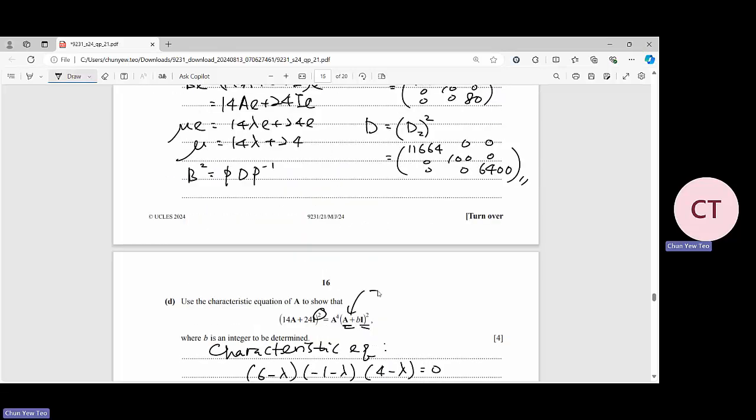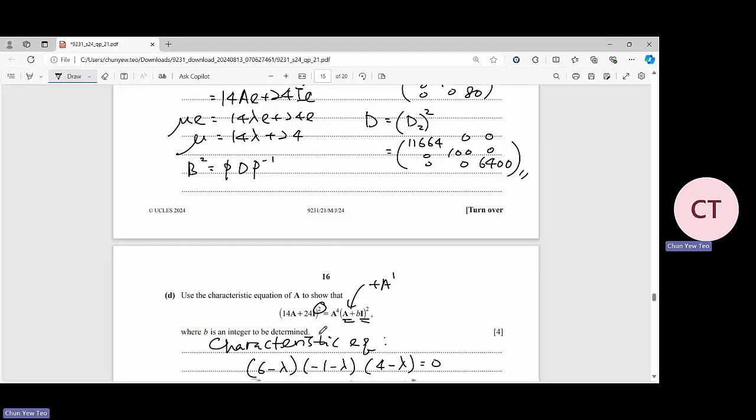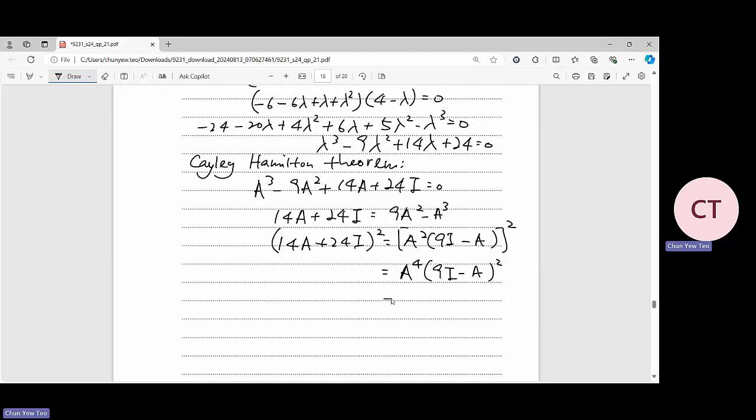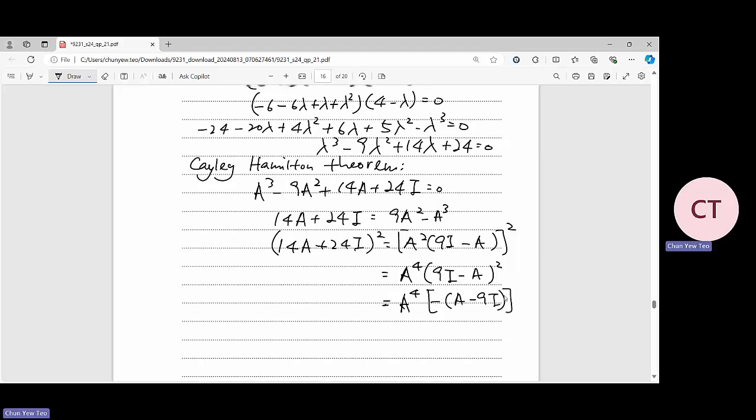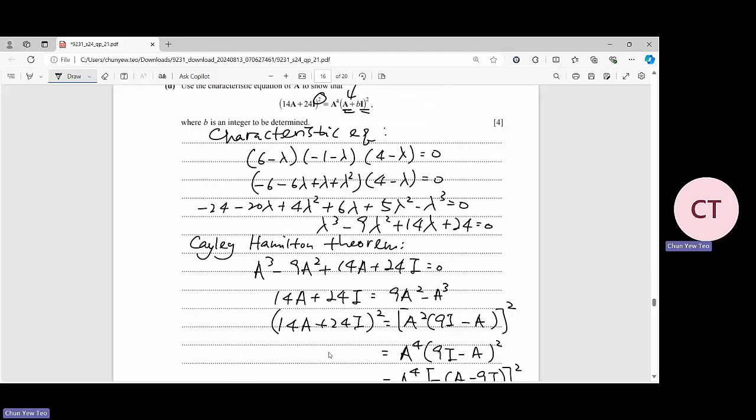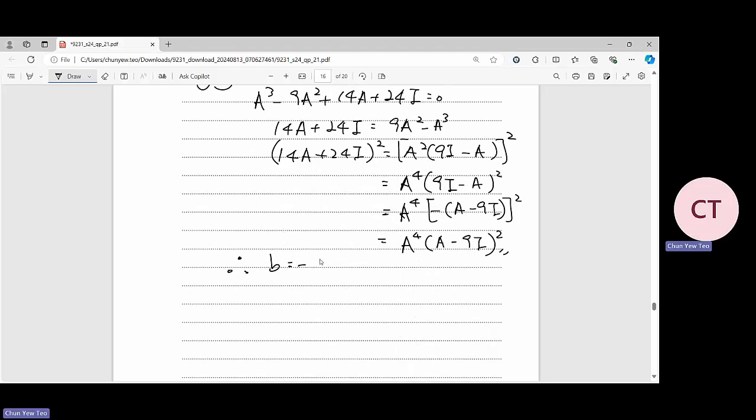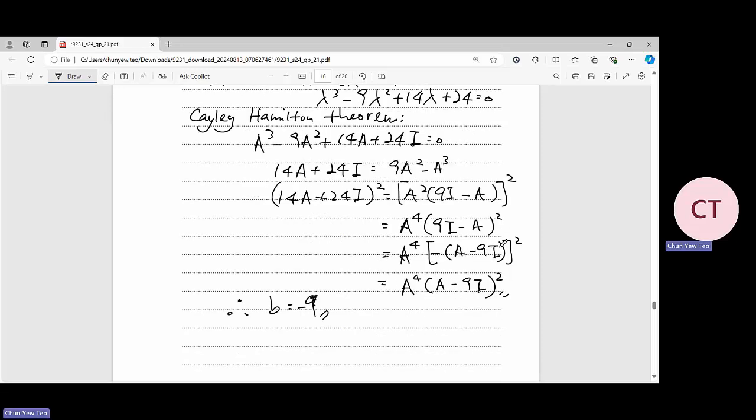They want this to be a positive A power 1. So what I need to do here is factorize a negative out. Then the negative, after you square it, will become positive. So therefore, your B is negative 9. Okay, so the answer for B is negative 9.